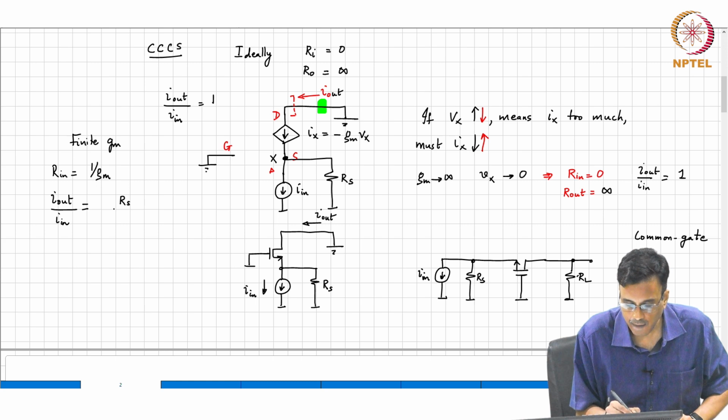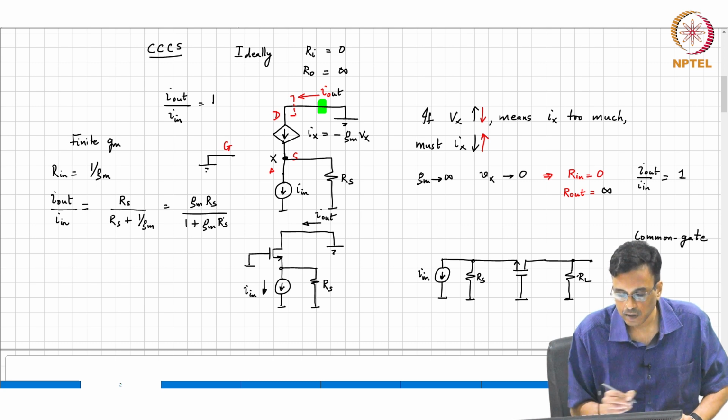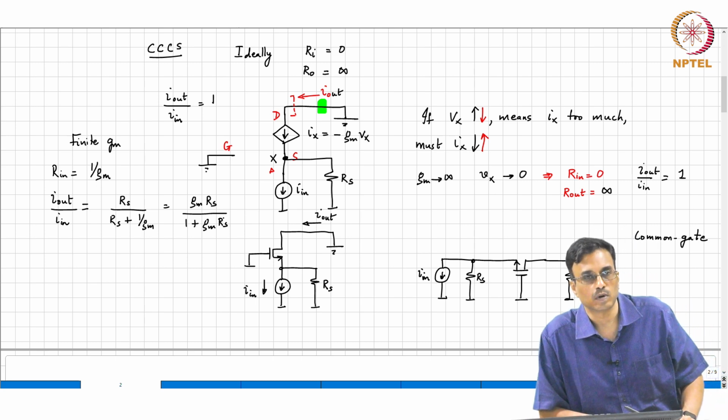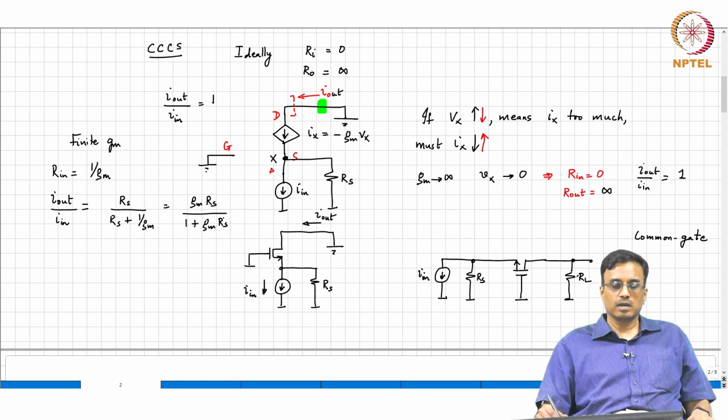Rs by Rs plus 1 over gm, which can be rewritten as gm Rs over 1 plus gm Rs, and that current will flow out. So, as you can see, the current gain is not exactly 1, it is gm Rs by 1 plus gm Rs.